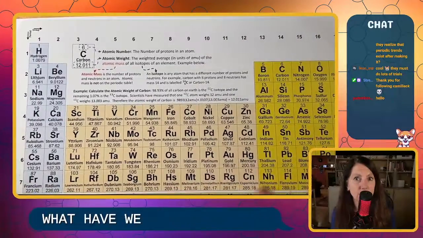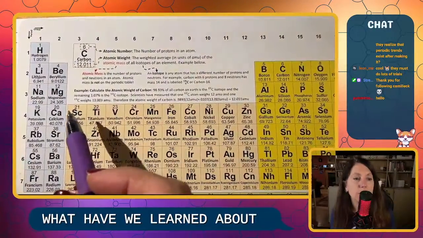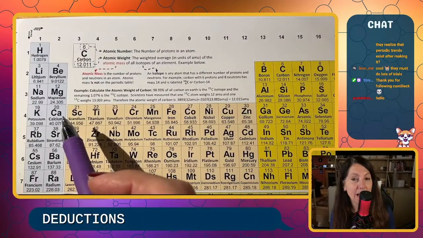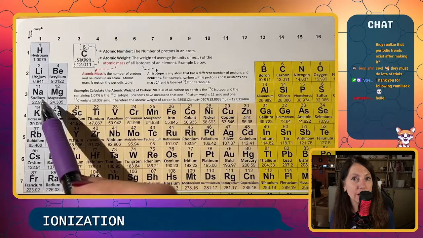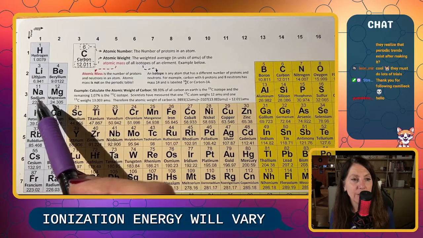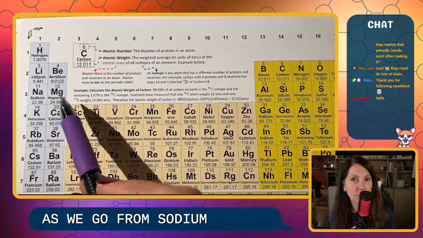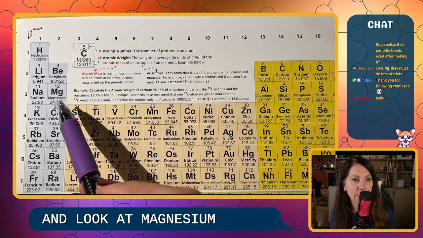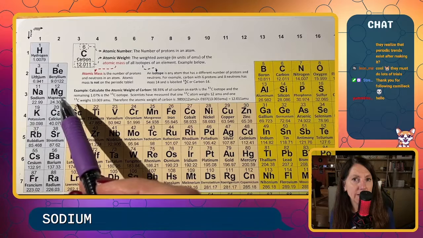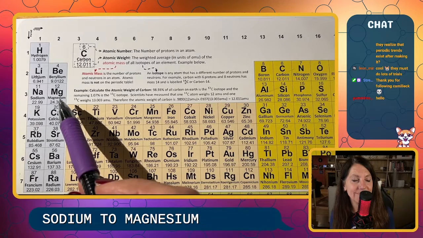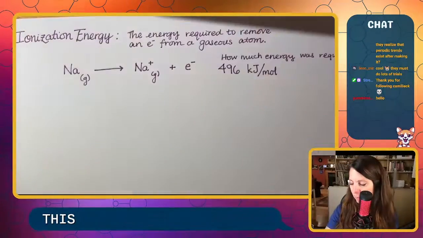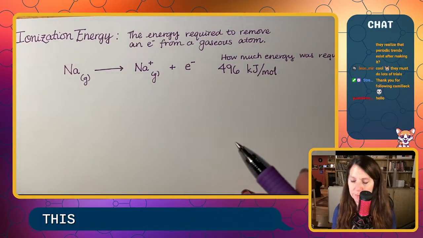What have we learned about periodic trends that could help us make some deductions about how the ionization energy will vary as we go from sodium to, let's go across and look at magnesium. Sodium to magnesium. Let's think about this.